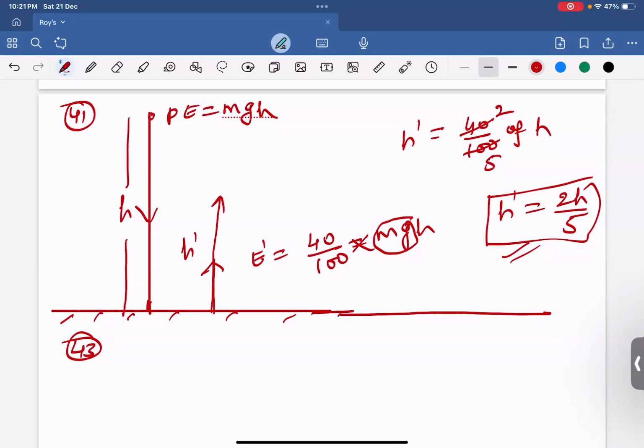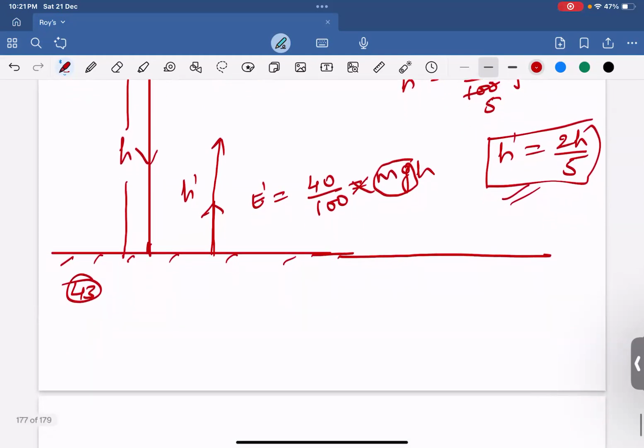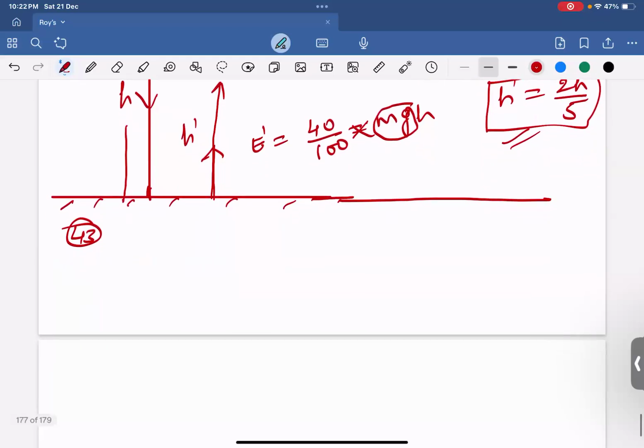One more question I'll take on the collision only. I'll take question number 43. A ball is dropped on a horizontal surface from a height h. I'll tell you the first concept here. If a body is dropped from some height h, and this is the speed of striking the ground, let's suppose the initial speed is v.